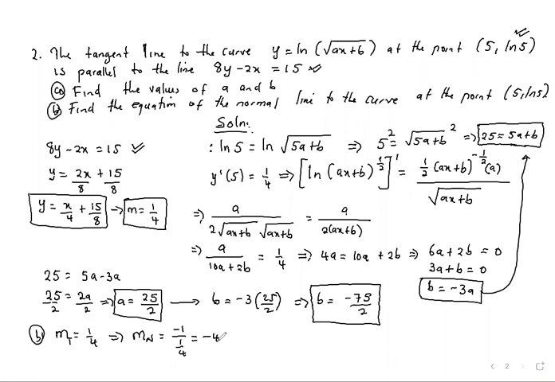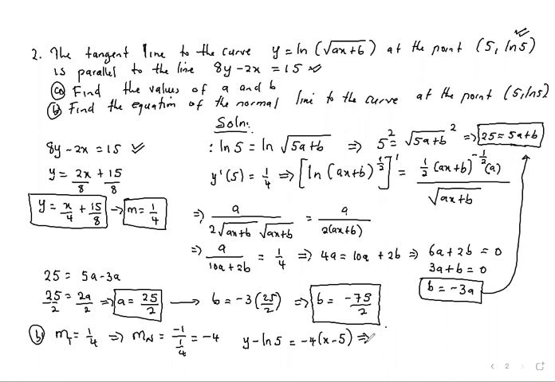then we say the equation that we're looking for is y minus ln 5 is equal to negative 4 times (x minus 5). So we can simplify further.